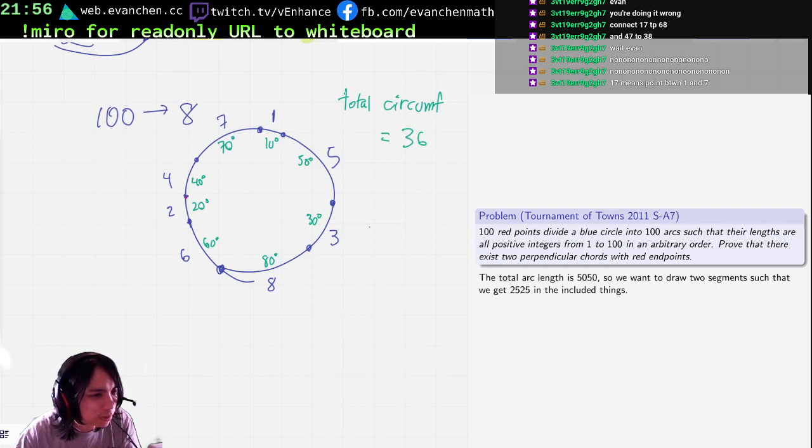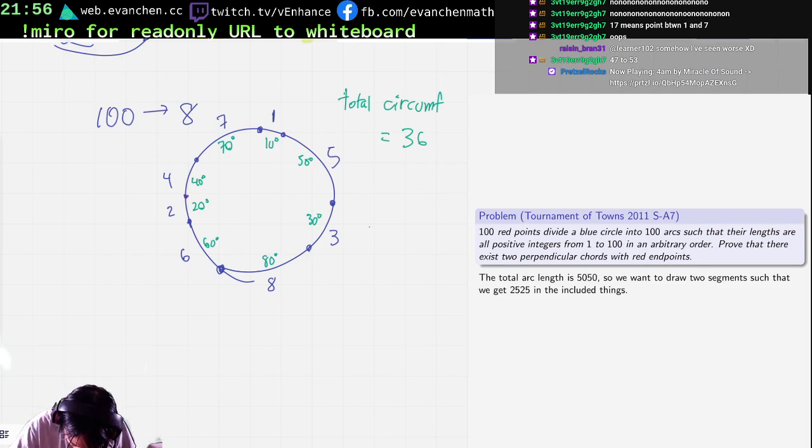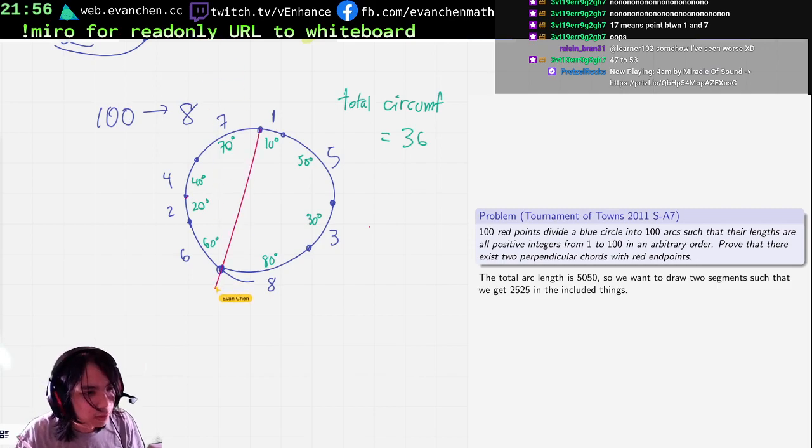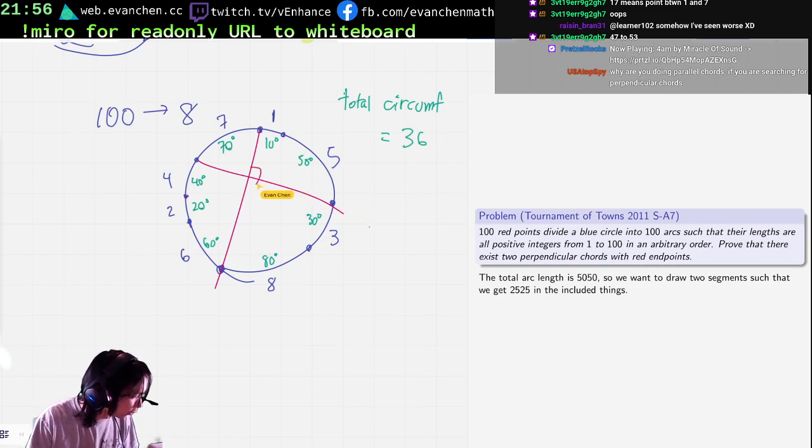Oh, I see. 17 to 68. 47 to 53. Oh, yeah, that's pretty good. Yeah, there we go. So that's an example of what the problem is.